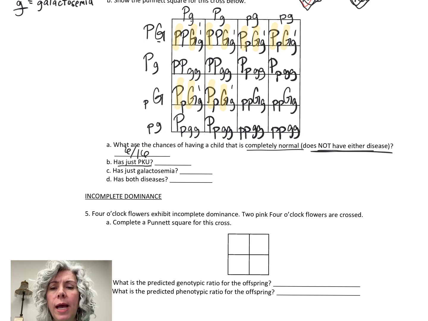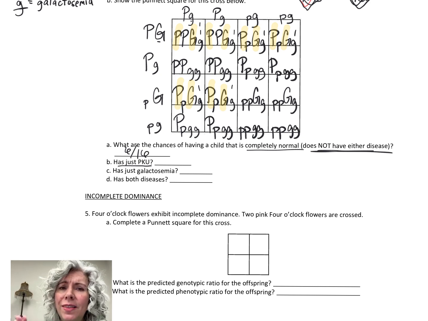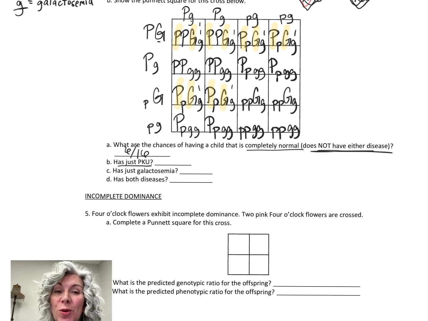No, that's wrong. Has just, we need capital G's. You see how confusing this gets? You have to think about this, really. Has just PKU. So we're looking for lowercase p's and capital G's because capital G would be normal.